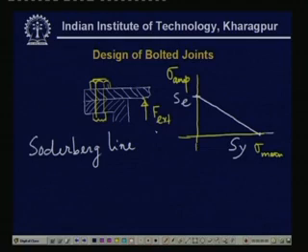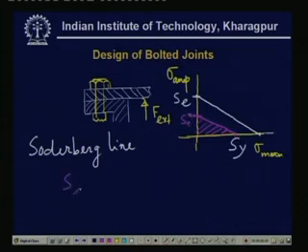Now we select what is known as a factor of safety. The criterion is that we will have to design in such a way that, with the factor of safety we have chosen, the design data, that is sigma amplitude and sigma mean, must fall within this line. So now these points: Se star and Sy star.